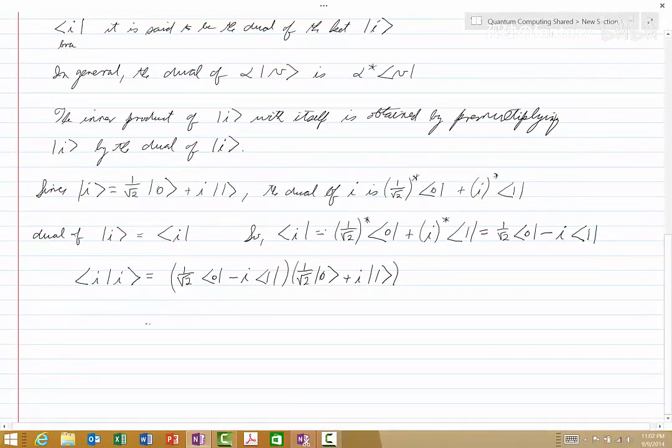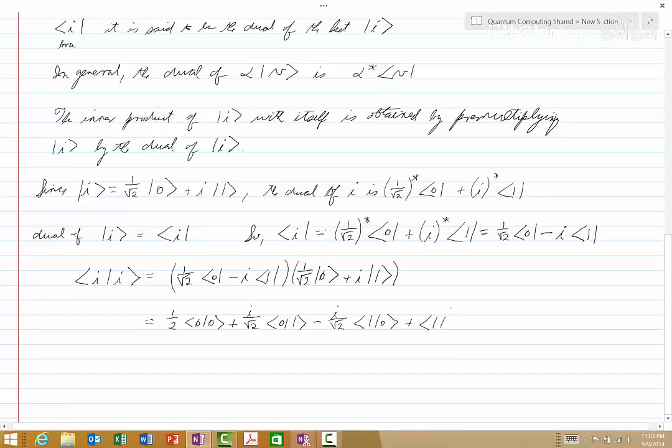And when we multiply everything out, we will get 1/2, 0 0, plus I over square root of 2, 0 1, minus I over square root of 2, 1 0, and minus I times plus I is minus of a minus 1, so plus 1 times 1.